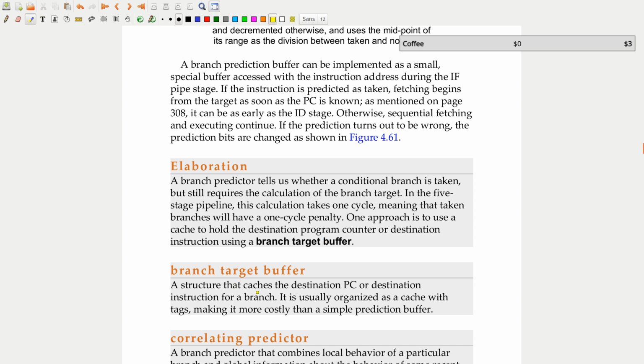So a branch target buffer is a structure that caches the destination program counter. So this says that if we are able to predict a branch's outcome, taken or not taken, we should also be able to predict the location of that branch.